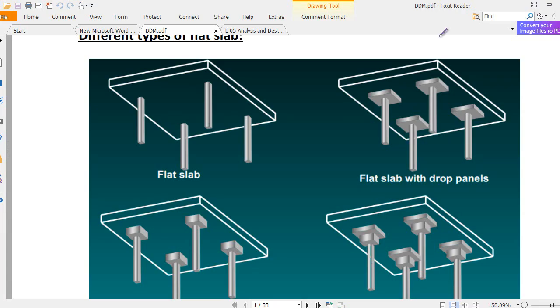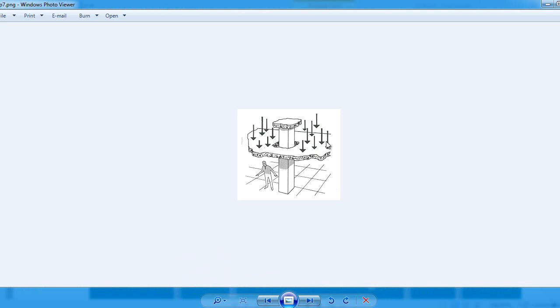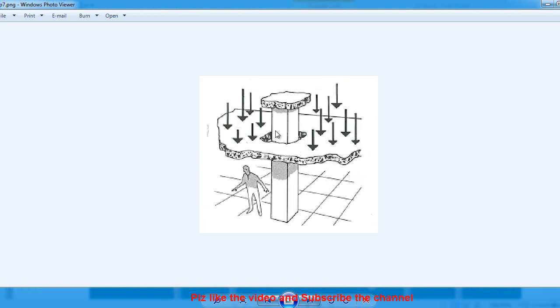Let me show you something. What is basically a punching shear? You see in this picture, due to the self-weight, superimposed load, live load, and due to gravity, the slab tends to move in a downward direction.